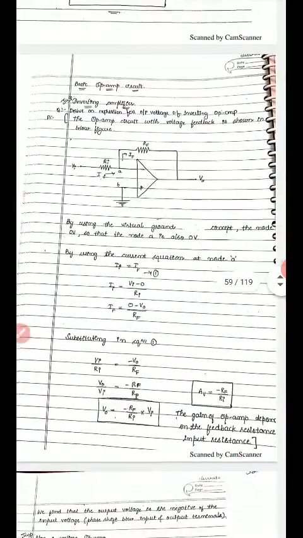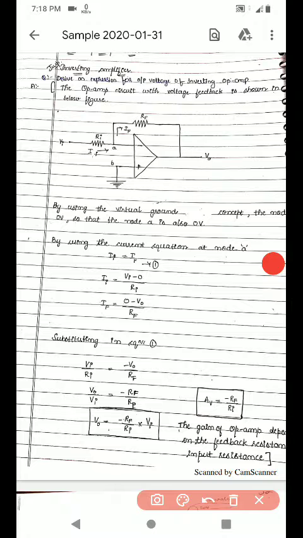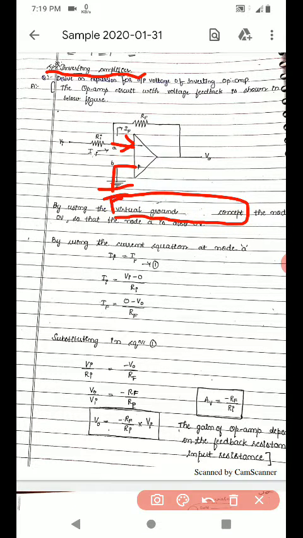Coming to the inverting amplifier, as I said, derivations will be there. The first one is the inverting amplifier. Sometimes they will ask about the gain and all those things. Here the input is given at the negative terminal, and the positive terminal is grounded. One important concept here is the virtual ground concept, that is VA equals VB.